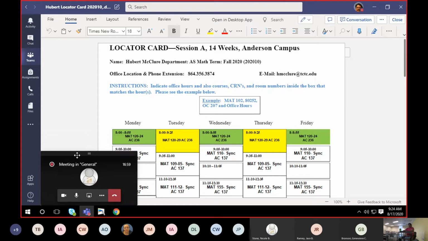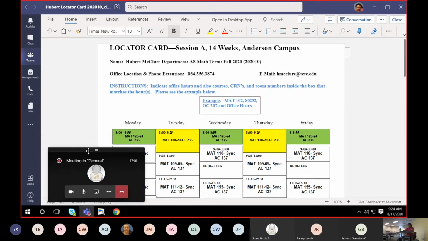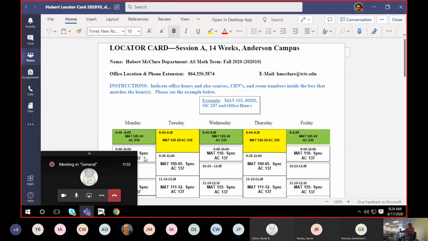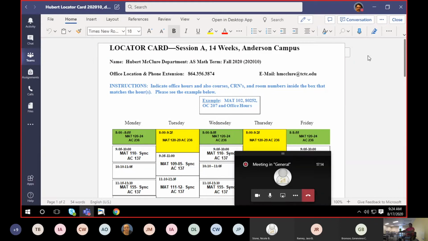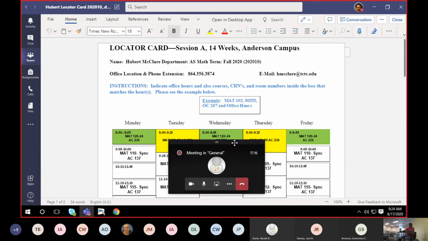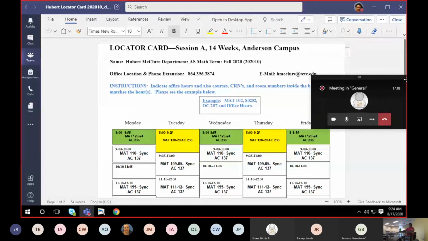My son is in the 9th grade or 8th grade at Robert Anderson, and he's doing virtual learning. So I have to be home with him doing virtual learning. I'm going to leave right after this class, and I'm going to probably teach that 11 o'clock class from home.